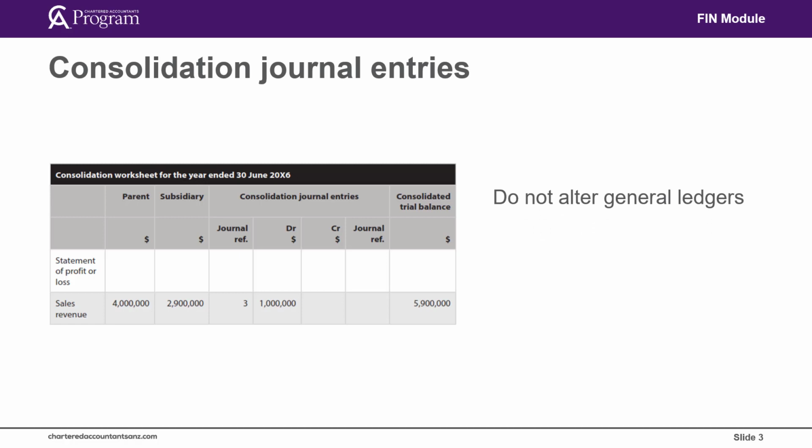So we often refer to them as notional entries. This means that consolidation journal entries do not carry forward to the next accounting period, and therefore need to be posted at every reporting period. So you will need to take care when recording consolidation journal entries that reflect a transaction or an event that happened in an earlier year.